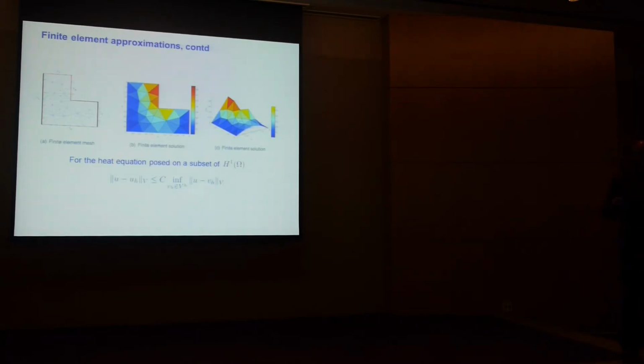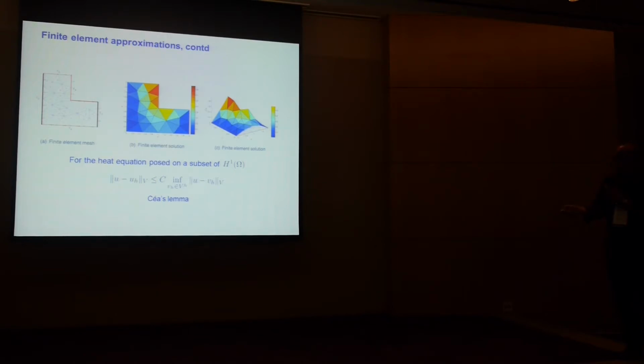So for something like the heat equation, say, this is exactly what I would do. And based on finite element interpolation theory, I know that if I use the simplest, meaning the lowest order approximation, I will have, this is known as Céa's lemma.